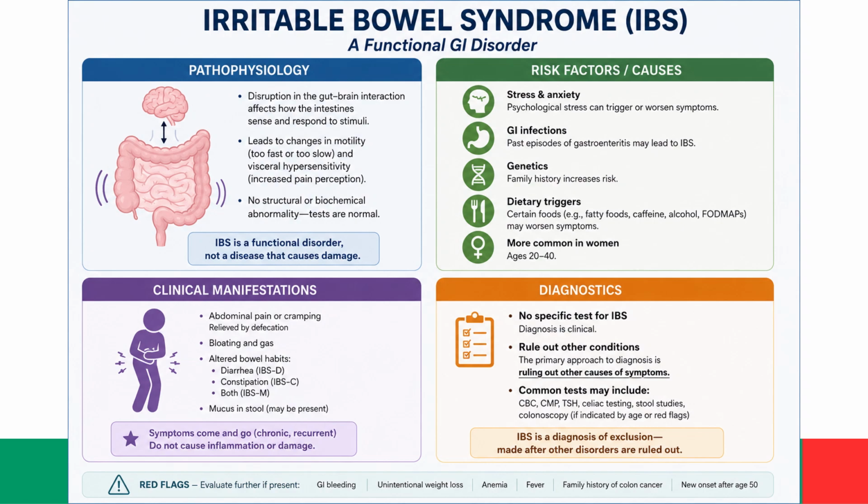That's probably not attributable to IBS. It's something that we need to dive a little bit deeper into. Things like GI bleeding, unexplained weight loss, anemia, fever, certain family histories, or a concerning new symptom pattern really should prompt further evaluation for another underlying condition.